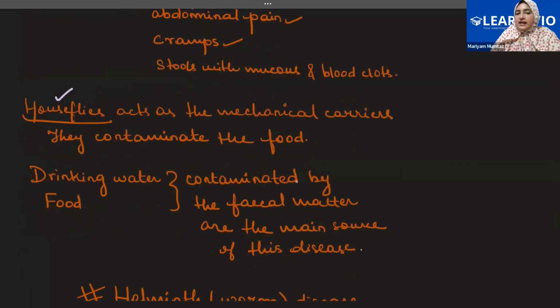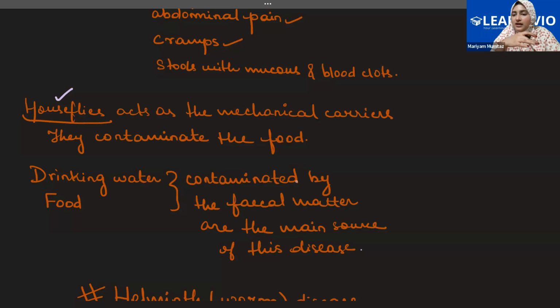Now, houseflies act like a mechanical carrier for this particular disease. Why? Because houseflies tend to sit on very dirty places, right? They sit on the worst places you can imagine, like cow dung, animal excreta, dust, anything that is disgusting.